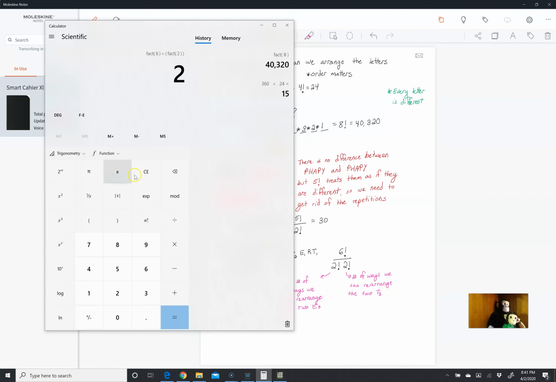Something went wrong. Let me redo that. 6 factorial. I think I didn't put in a multiplication sign, and I should have. 2 factorial times 2 factorial. Okay, 2 factorial is 2, 2 factorial is 2, so 2 times 2 is 4. So we get 180.